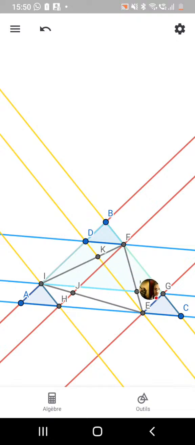I say median, but it's T median. So the T median clockwise of this one is one side of the triangle IFE, and the T median of the triangle IFE anti-clockwise this time is one side of the triangle IBG.